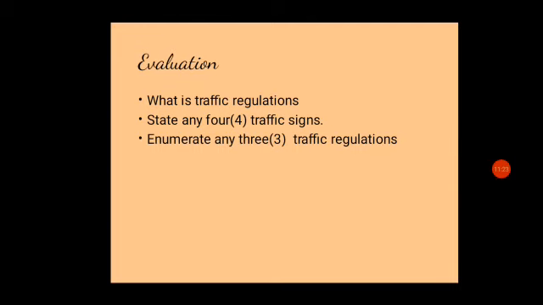The next one, mention or state any 4 traffic signs. One of them is the stop sign, the no entry sign, we have your U-turn sign, we have your left and right signs. Then enumerate any 3 traffic regulations. 1.